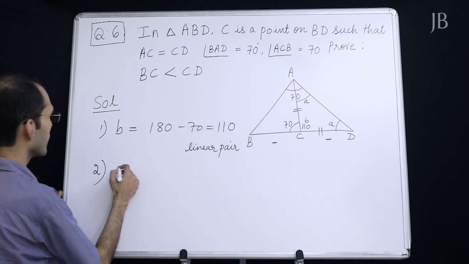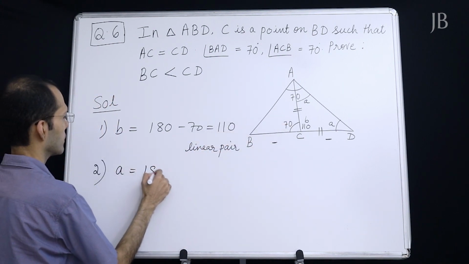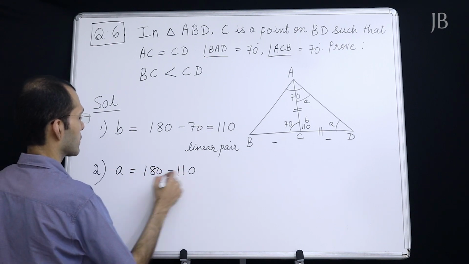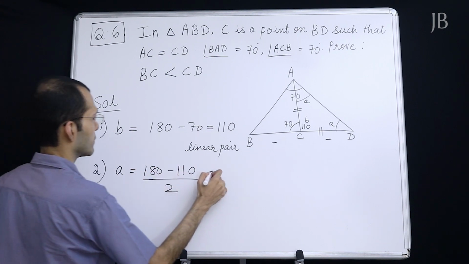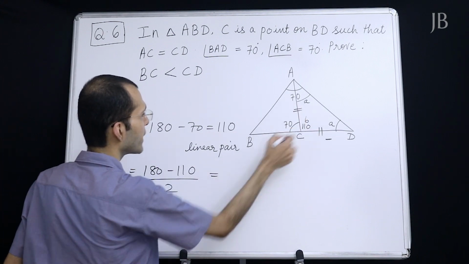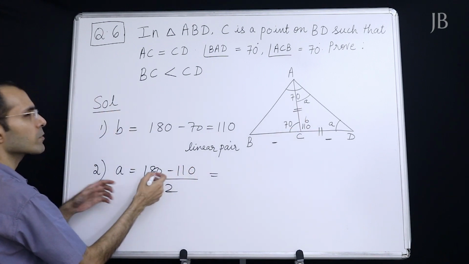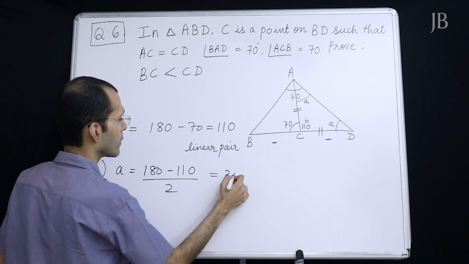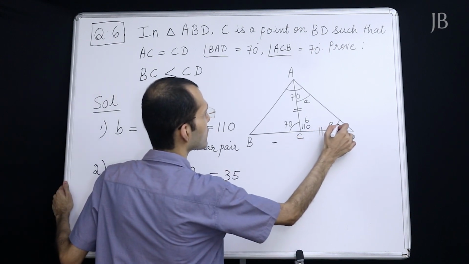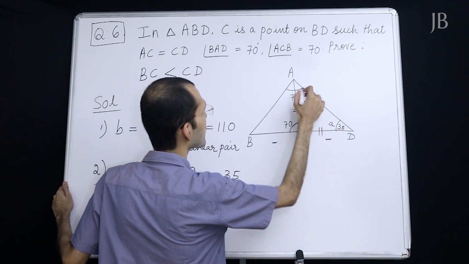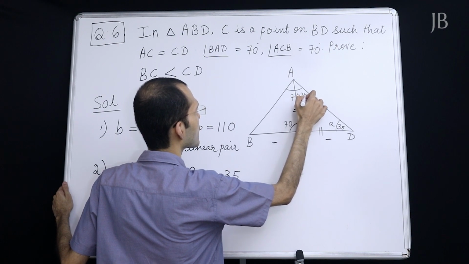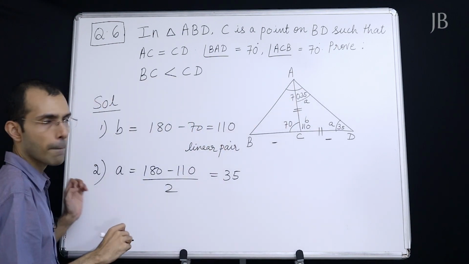Now A will be (180 minus 110) upon 2, so that is 35. This is 35, this is 35.